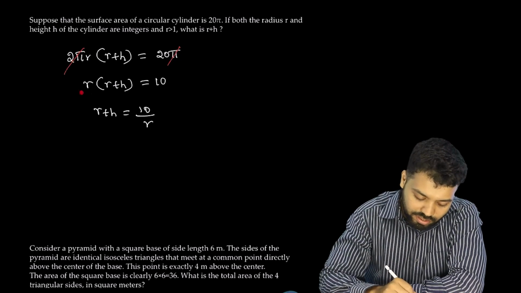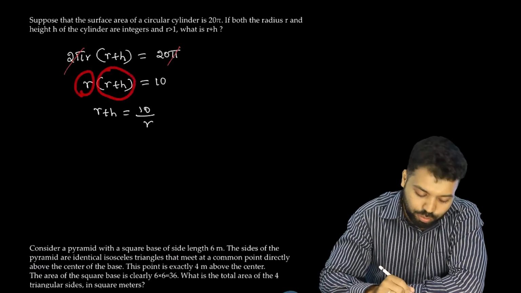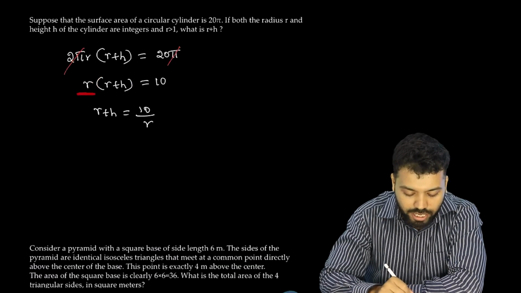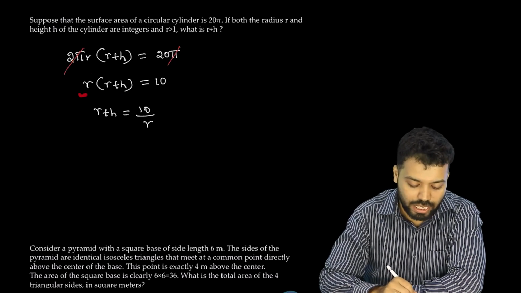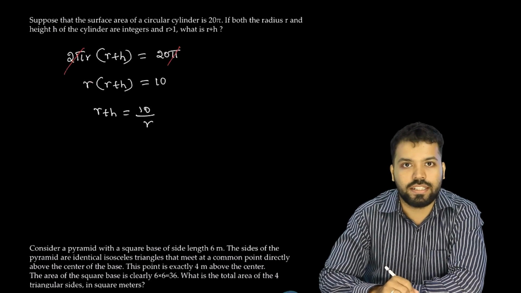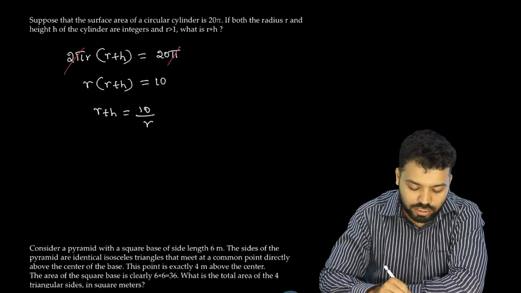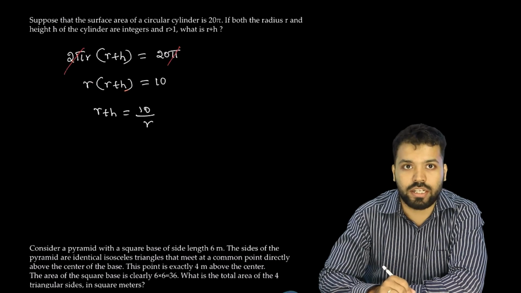Both these numbers, r and r plus h, have to be integers. Why? Because r is an integer and h is also an integer, and if you add two integers, you get an integer only.